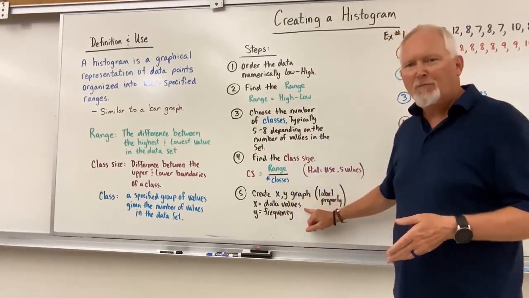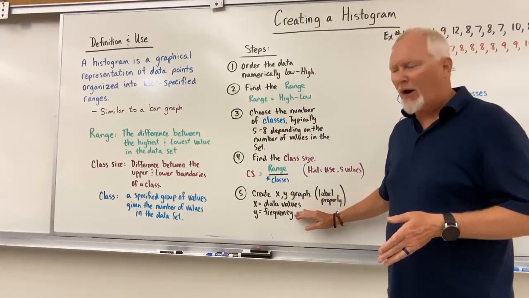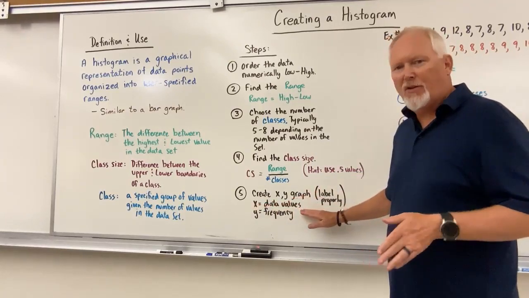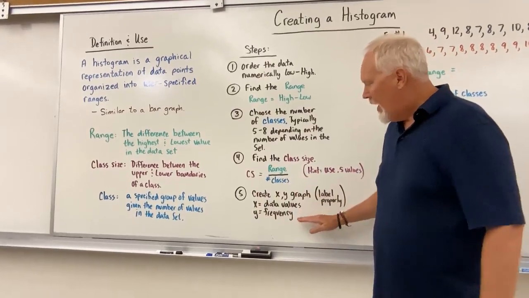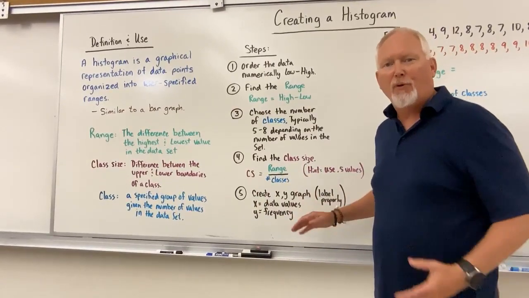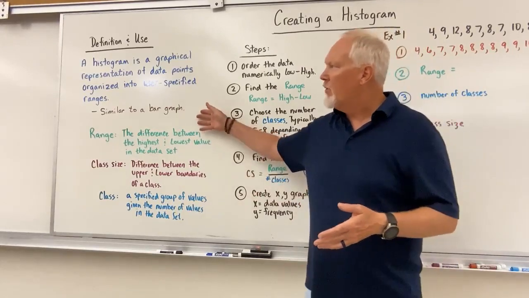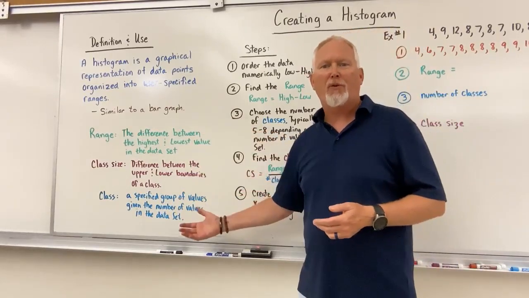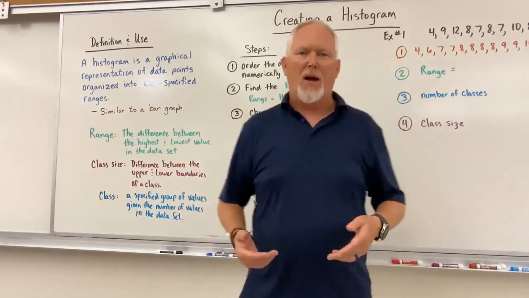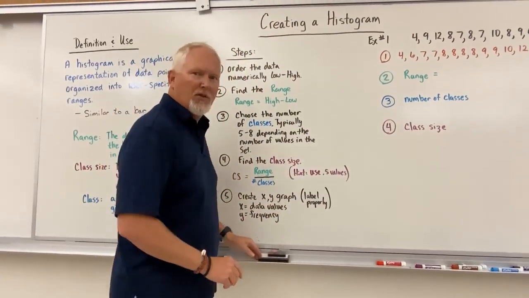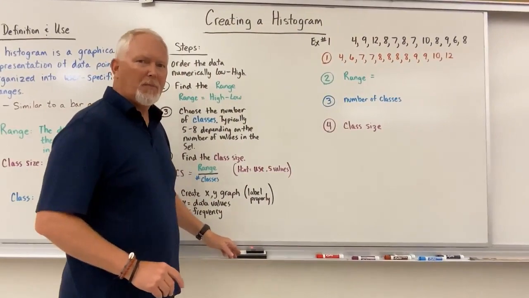And finally, we're going to create an XY graph, with X on the data values that were given, and then the Y will be what we call the frequency, or the number of times it occurs. We should have put that in our definitions, but remember, frequency is the number of times we see the value. Okay, so let's look at the first example.